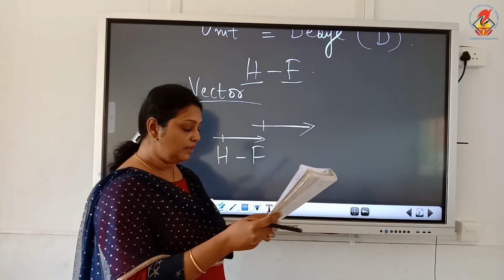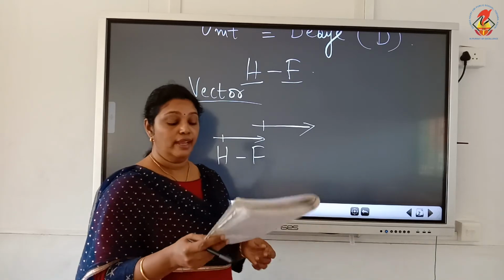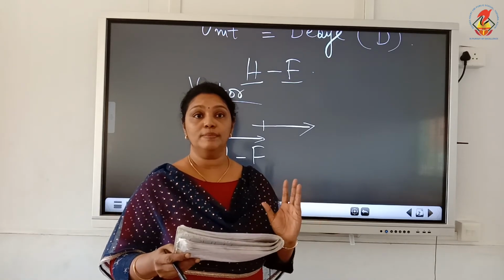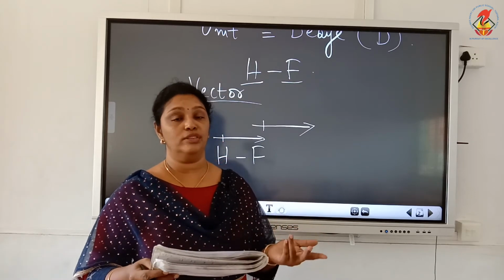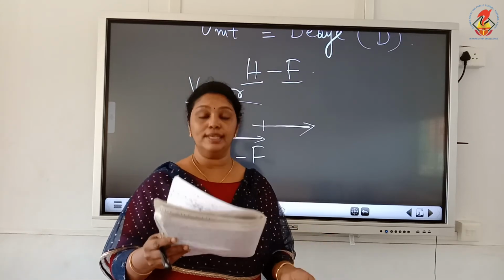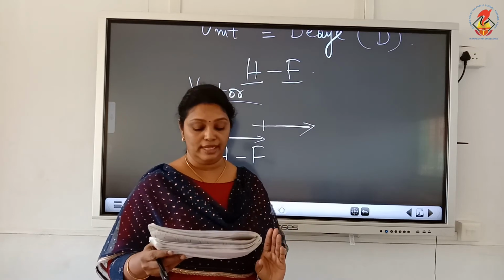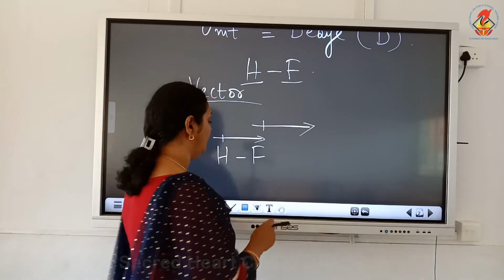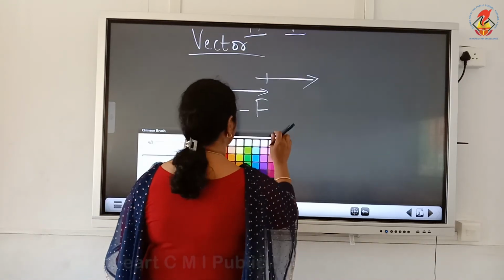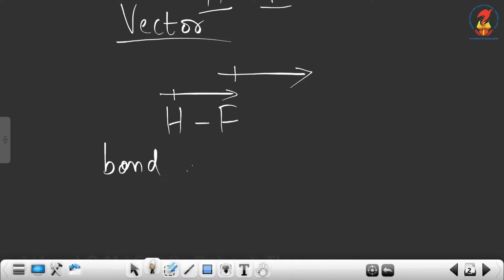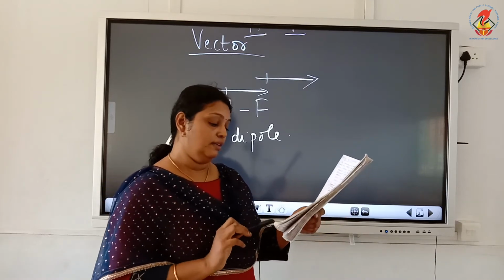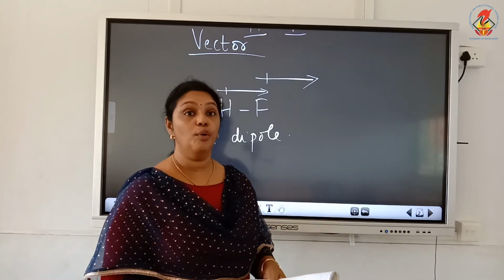Now, next note is in polyatomic molecules. Polyatomic molecules means molecules which contain 3 or more than 3 atoms. In polyatomic molecules, the net dipole moment is the vector sum of dipole moments of all bond dipoles.